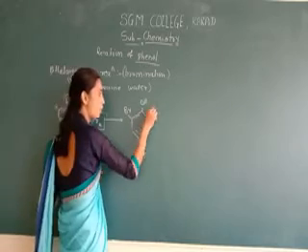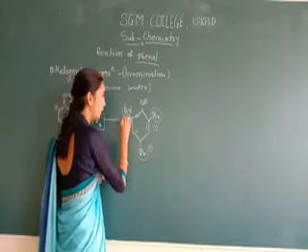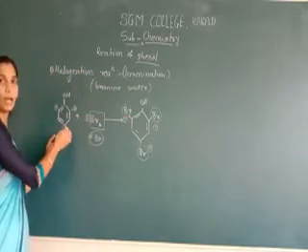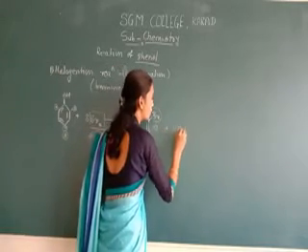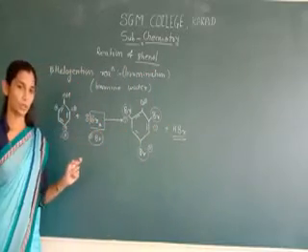Three atoms of Br are attaching here, 1, 2 and 3, and the remaining 3 Br attach to 3 hydrogens, and the byproduct HBr is also produced in this reaction.